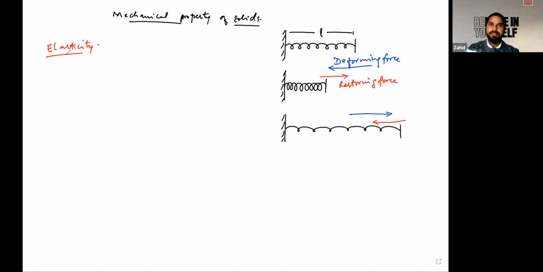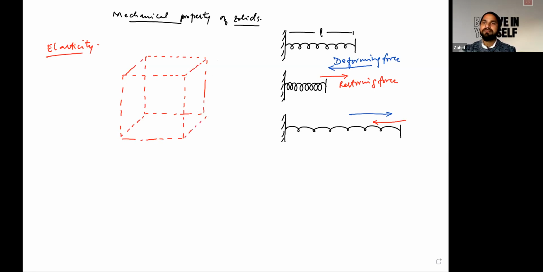This is called elasticity. Similarly, in a solid, suppose the arrangement of particles is on the vertex of a cube, and each vertex is occupied by a particle of that particular solid, atom or molecule, like this.